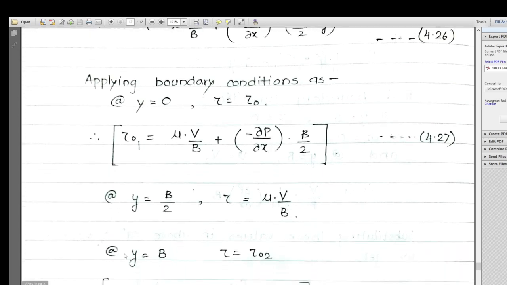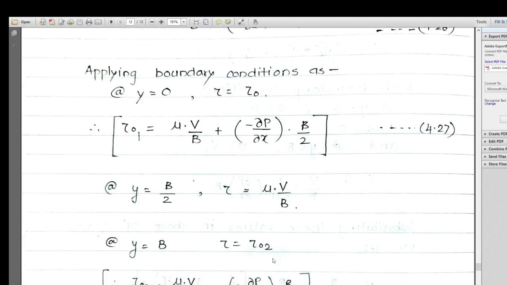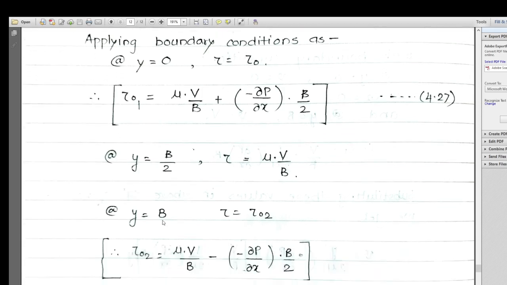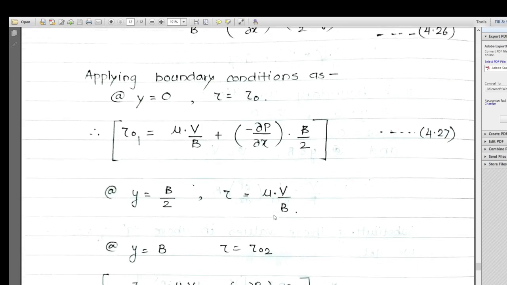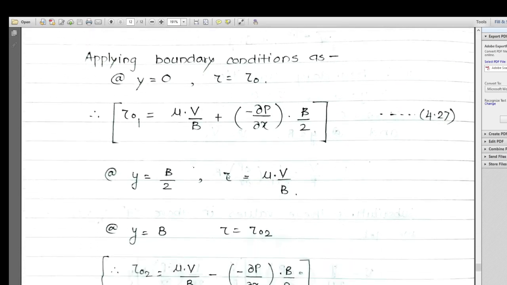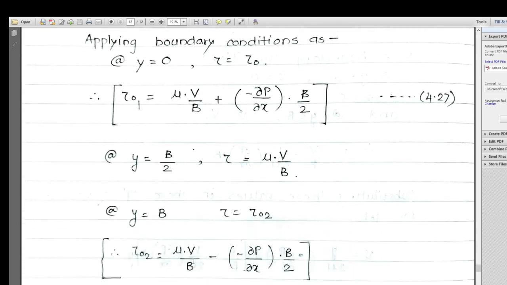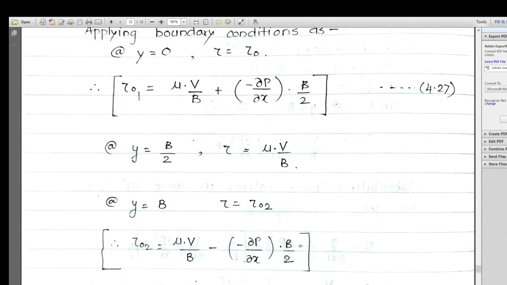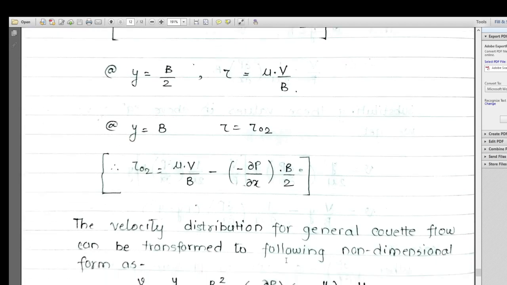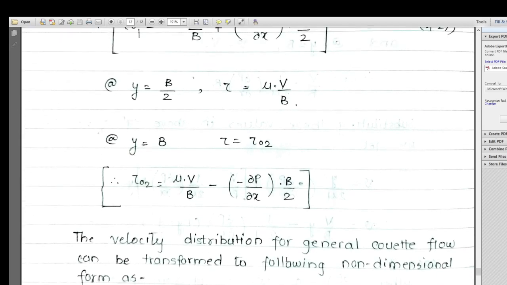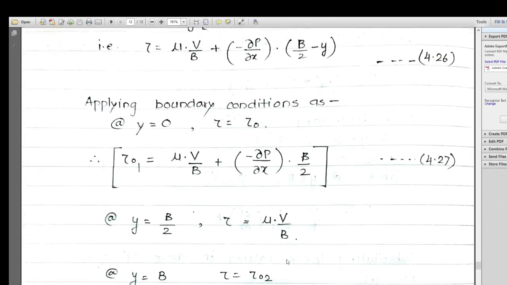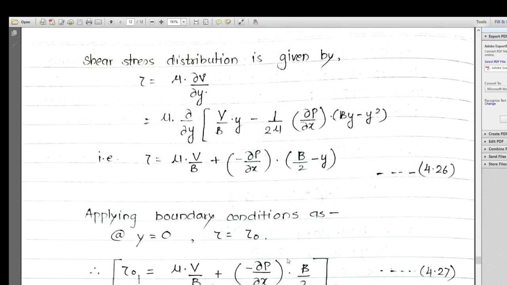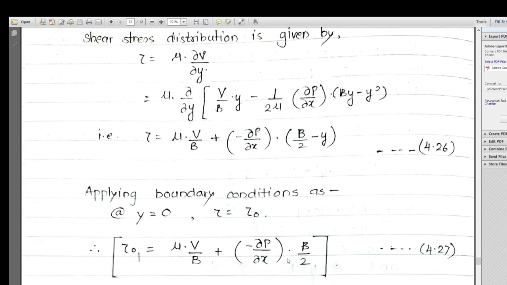And when y is equal to b, tau is equal to tau 2. So by substituting these values in this equation, we will get tau 2 as mu V by b minus of minus dp by dx into b by 2. So this is the shear distribution of the two parallel plates.